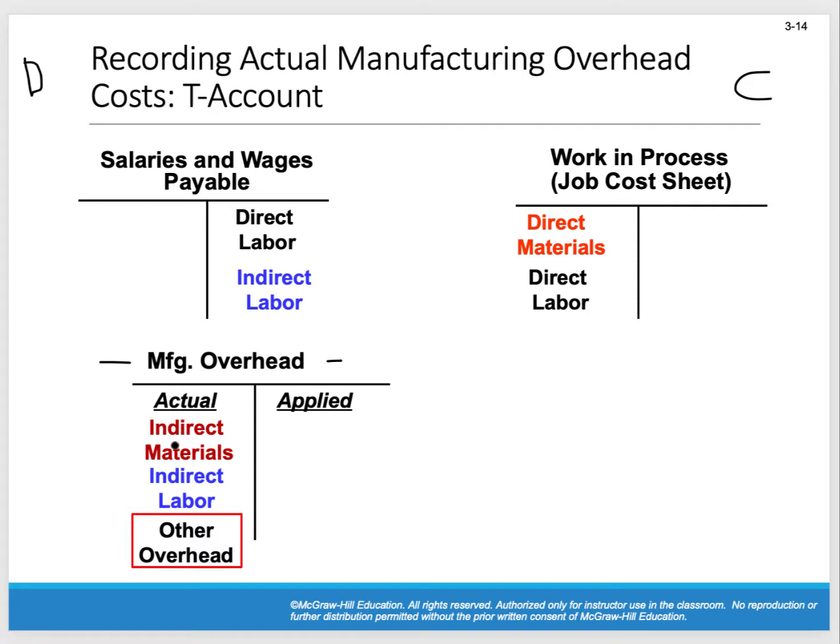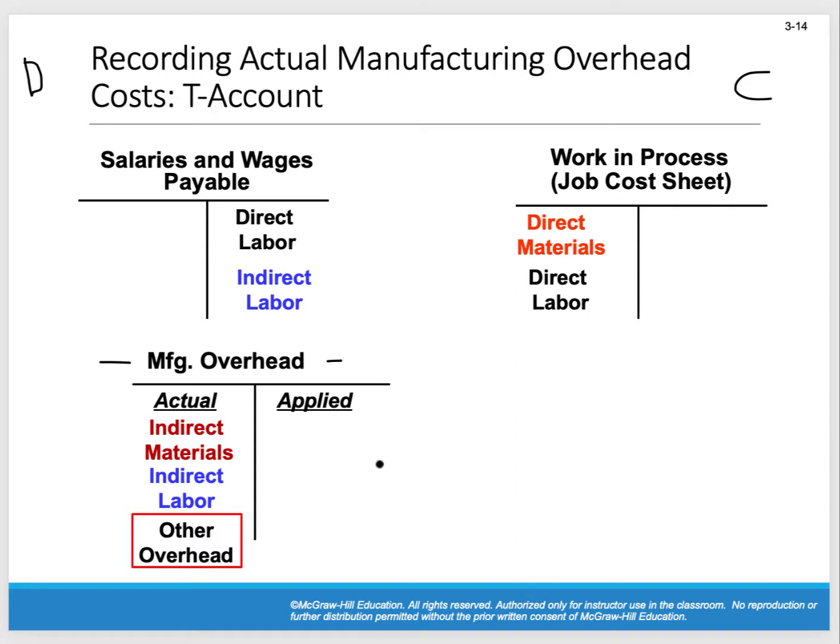All the indirect materials that we actually incurred, all the indirect labor that we actually incurred, as well as all the overhead expenses that we actually incurred, right? Things like depreciation, things like any utility bills, right? That's all our other overhead accounts. Okay, so what we need to do is we need to actually apply them.